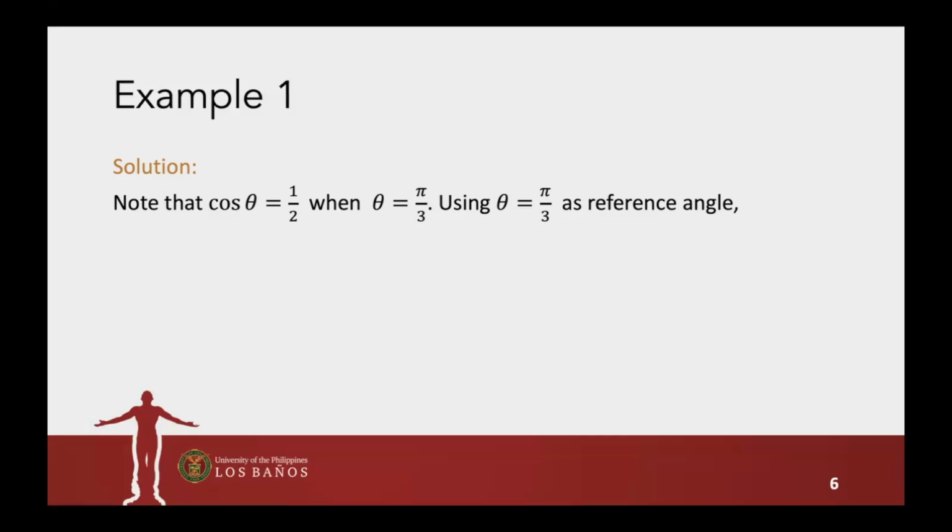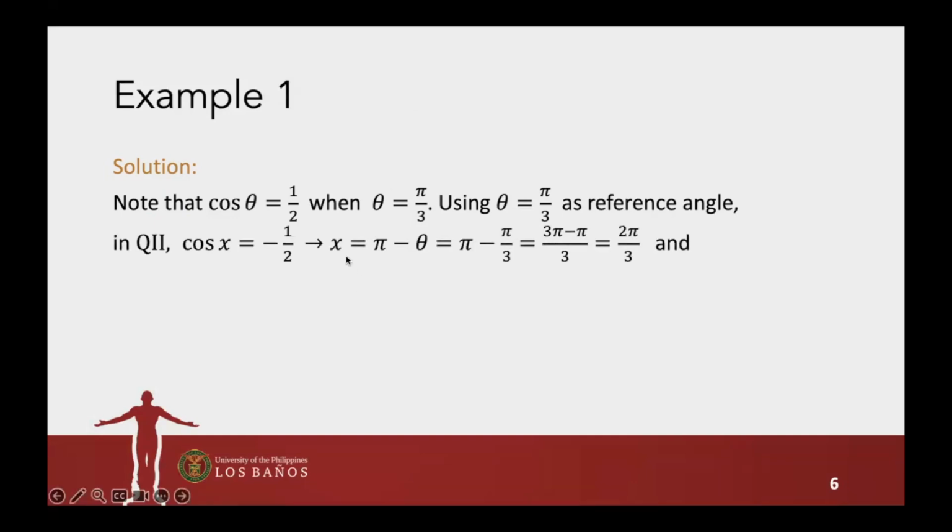Okay, so in the second quadrant, take note that in order for us to solve for the actual angle, we use the formula pi minus theta, where theta here is our reference angle.